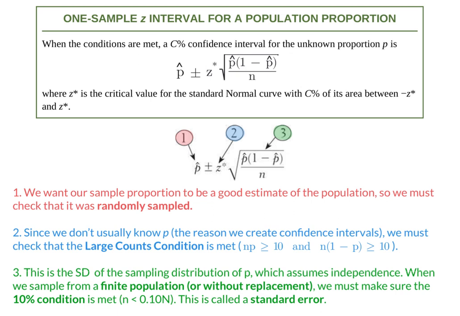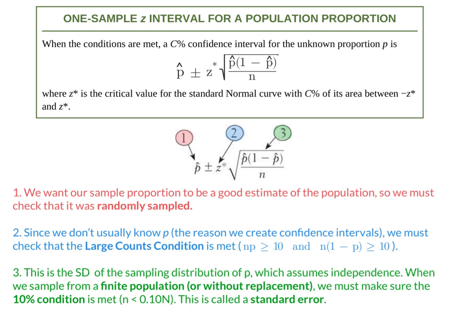So when certain conditions are met, which we will talk about down here, a C% confidence interval, so 95%, 99%, for the unknown proportion p of our population is represented by these letters and symbols. So p hat, that is our sample statistic, plus or minus some critical value. We have a z with a little asterisk. I call it a z star for shortening words purposes. That's the critical value for the standard normal curve.